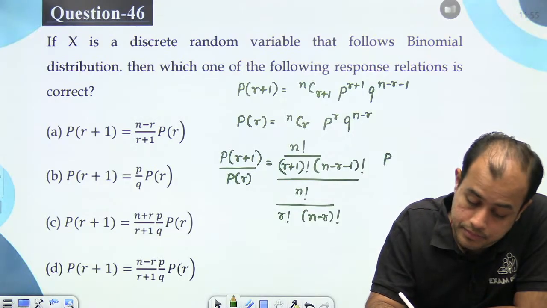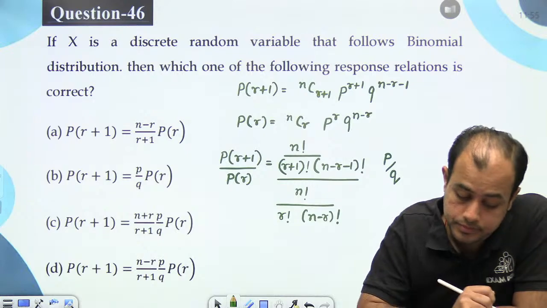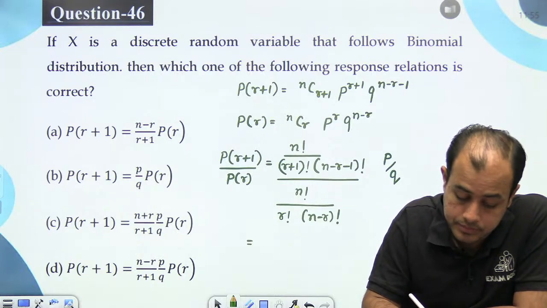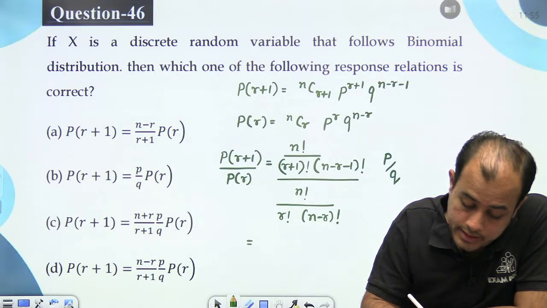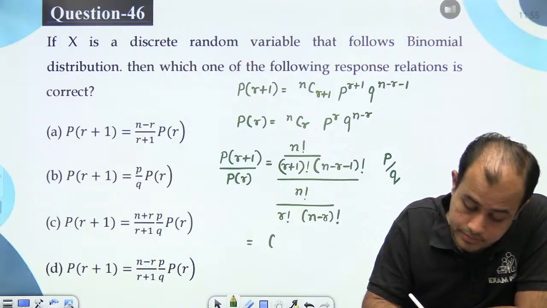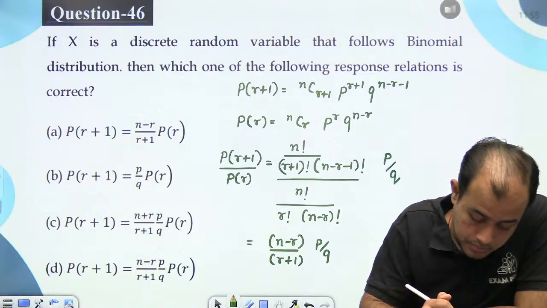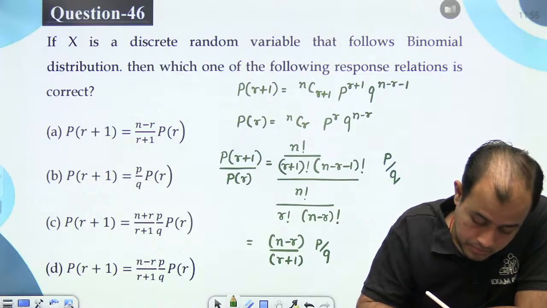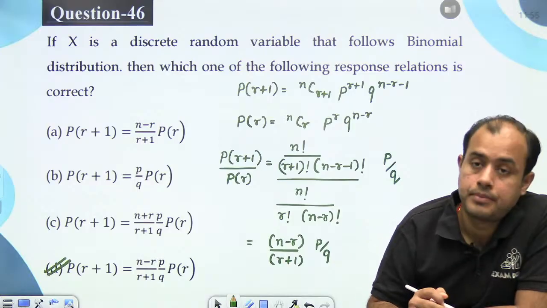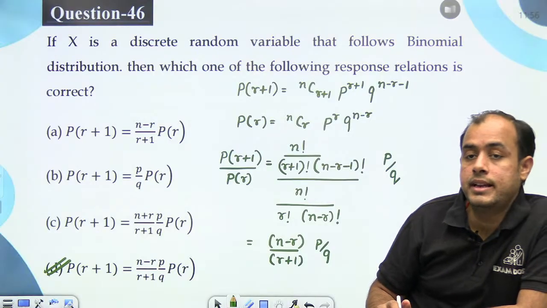P by Q. Okay. So n factorial will get cancelled. So answer is D. Answer will be D.